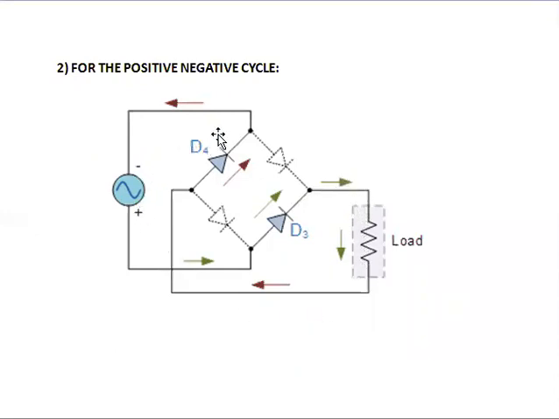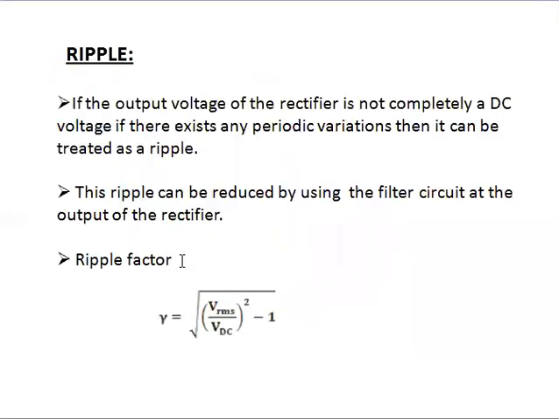From the load the current passes through D4, and the current enters the source again, so that the total cycle completes. That means a closed path is formed here. So the output will appear across the load. This is the operation of the full wave bridge rectifier for the negative half cycle.